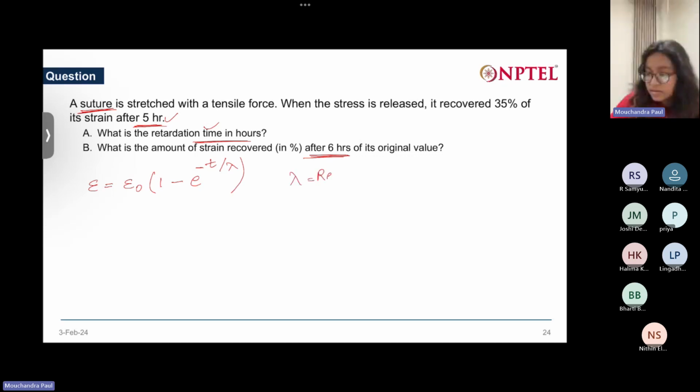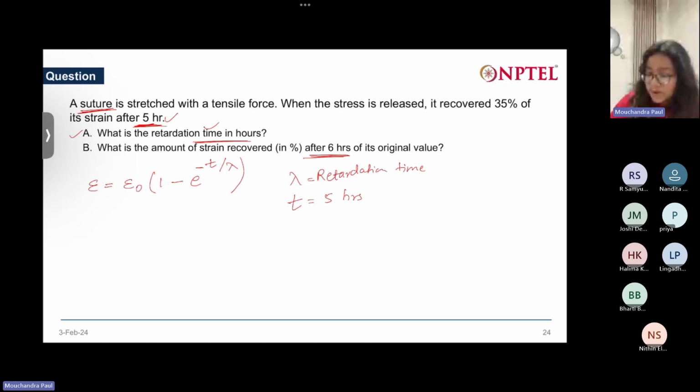Lambda is the retardation time that we have to calculate in part A, and t we are given, which is 5 hours.